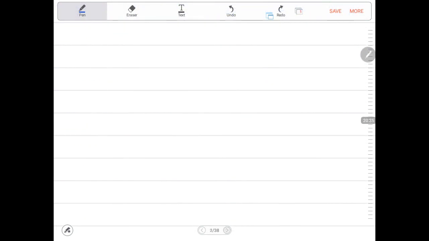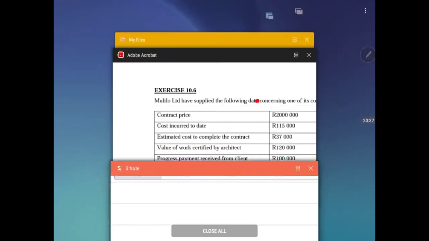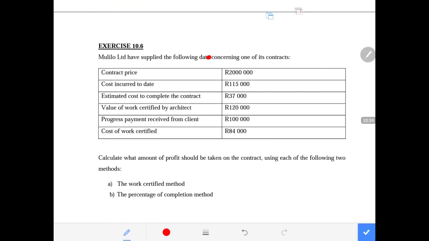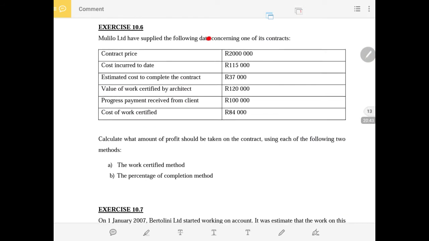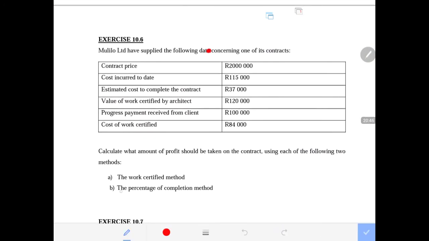Then now let us go to the second requirement, still under 10.6. Second requirement, we are calculating the profit using the percentage of completion method, meaning when the contract is nearing completion.